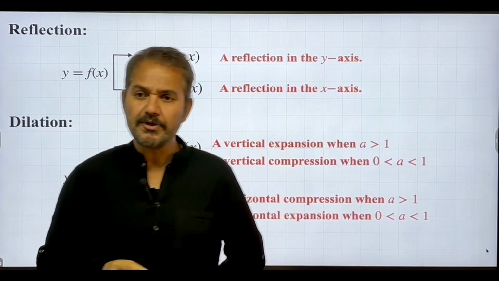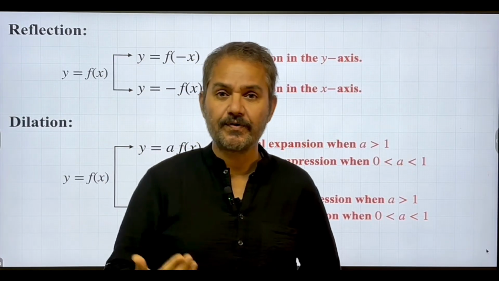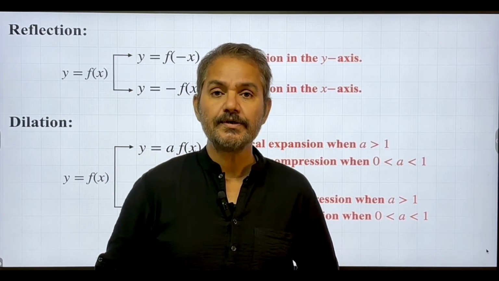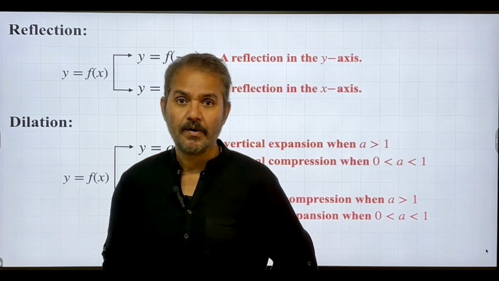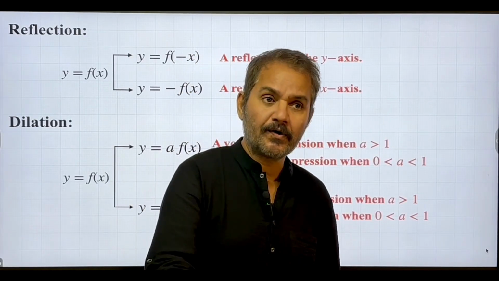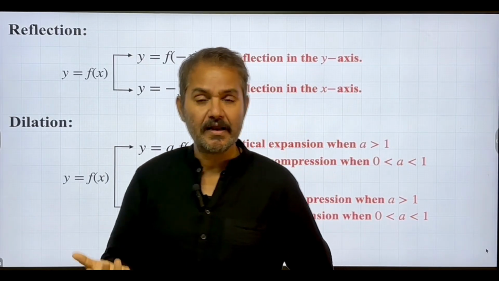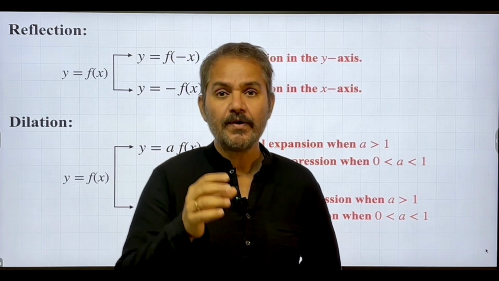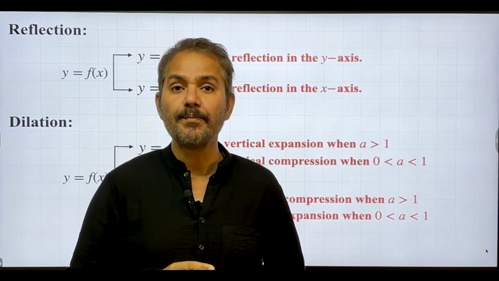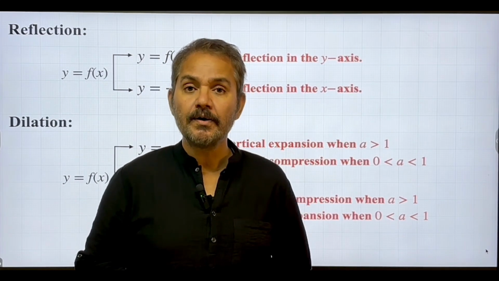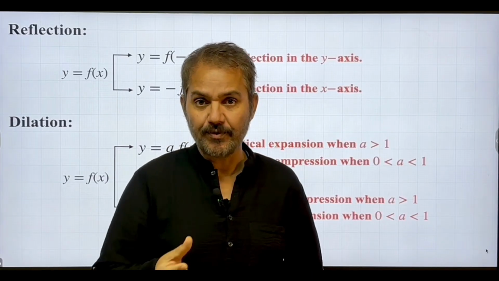I would like to mention here, there are certain points which do not change in any translation, reflection, rotation, or dilation, or we can say there are certain points which remain constant during any transformation.